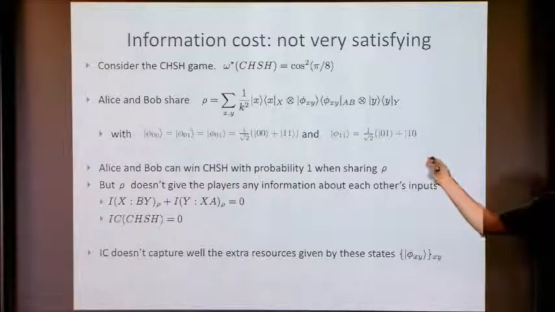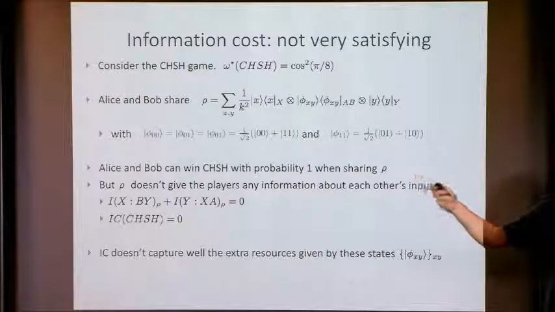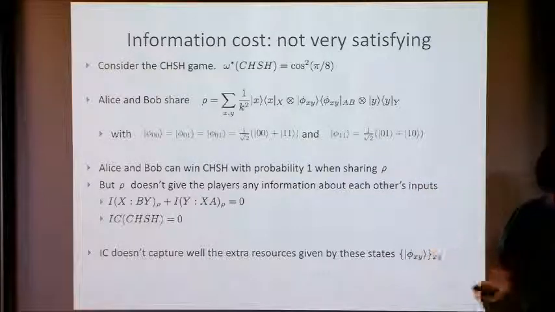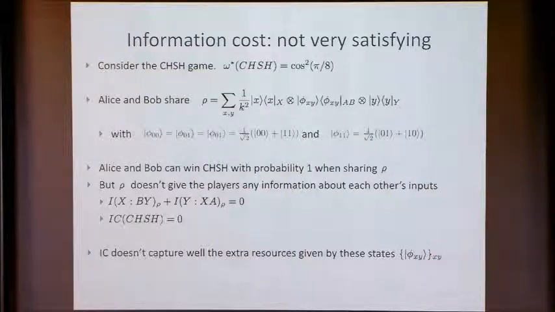But here the distribution is uniform, so they have no information anyway. And if you condition on A, it will also be 0. In the normal information cost, you have to remove what you know a priori about the other player's input. But here, since it's all uniform, it's all 0.